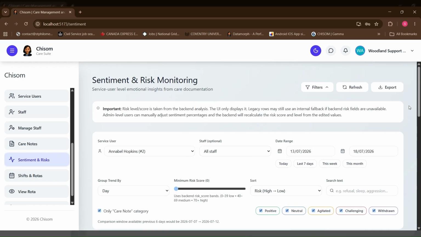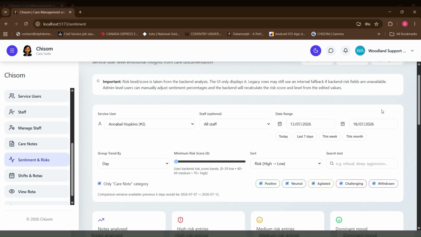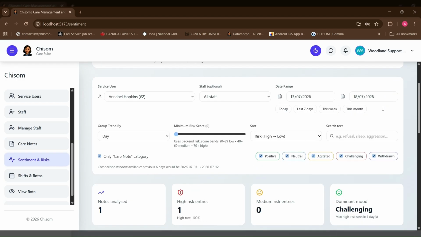The AI shouldn't be the one that makes the decisions, unless the management has reviewed it and is okay with the AI figures, which is fine, as most of the time the AI gets it right in terms of the scores assigned to each risk level, like positive, neutral, agitated, challenging, and withdrawn. So that is the good thing about it.